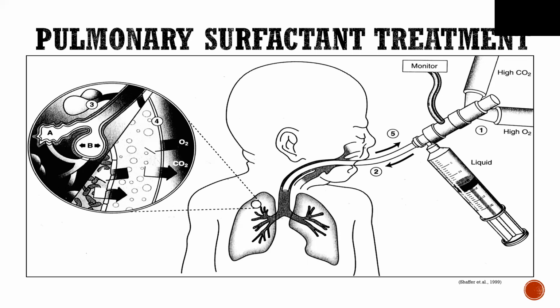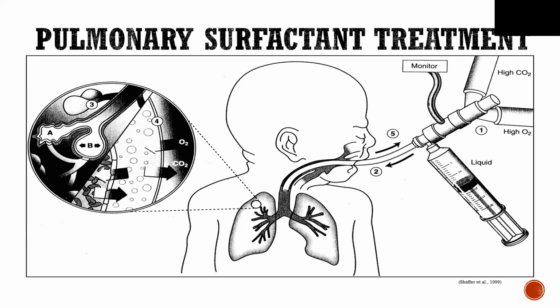He's getting the medication, the liquid surfactant, but he's also receiving the necessary oxygen in order to help his or her lungs, because until the surfactant actually starts working, they still need that supplemental oxygen to be able to survive.